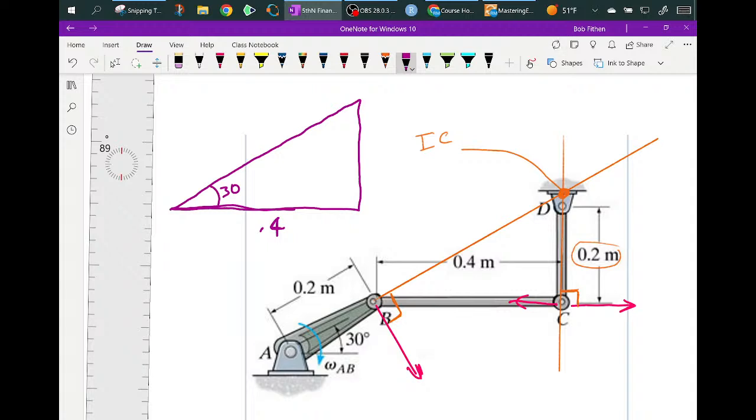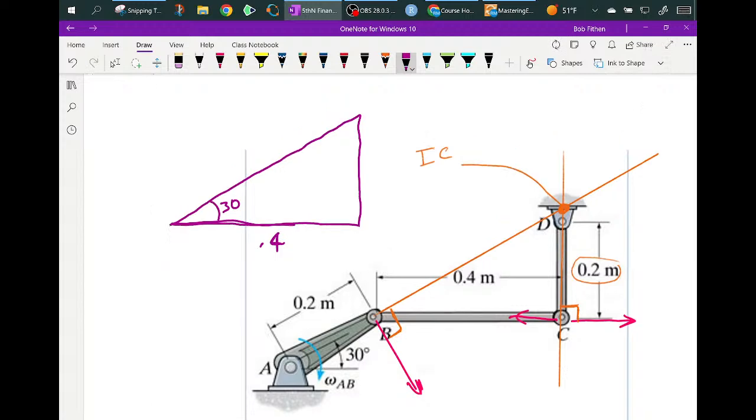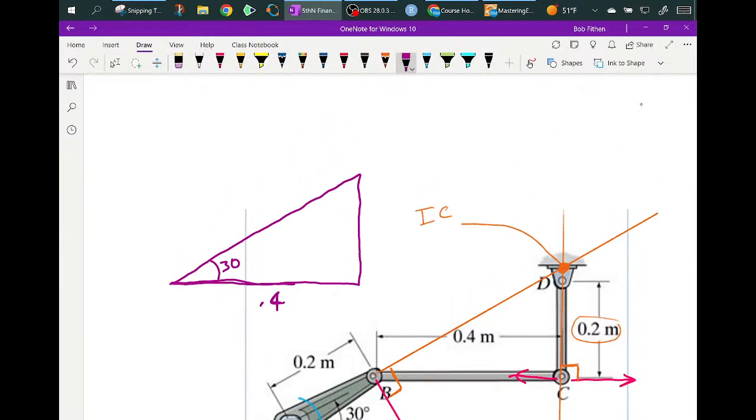Mainly, let's see if I can move the ruler out of the way for the moment. So cosine of 30 is equal to, we're going to call this B distance, B instant center. Okay, so it's going to be 0.4 over distance B instant center.